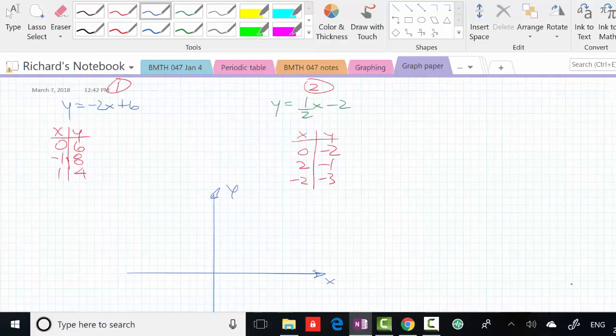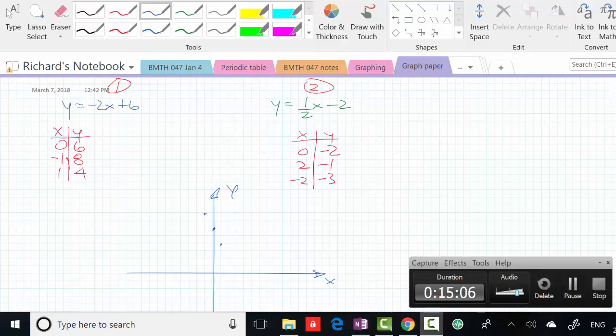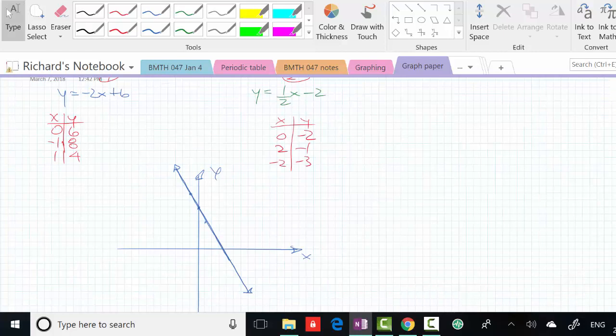So for equation 1, I'm going to plot the points. I've plotted the points for equation 1, and now I'm going to draw a straight line. There is the graph of equation number 1. I'm going to label this graph y equals minus 2x plus 6.